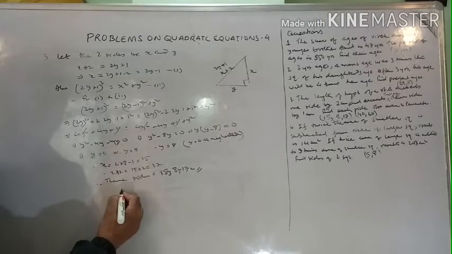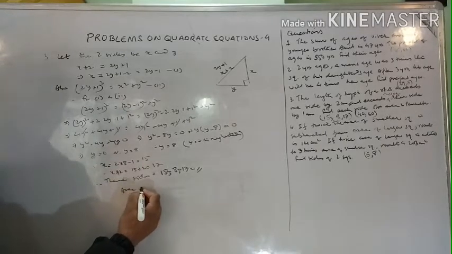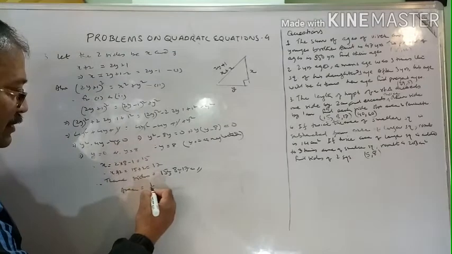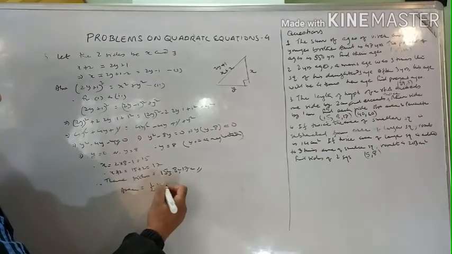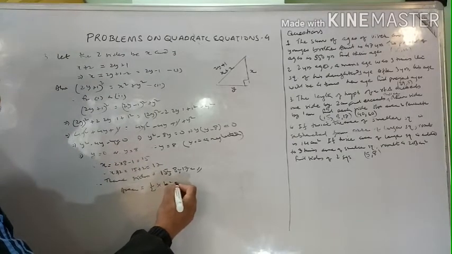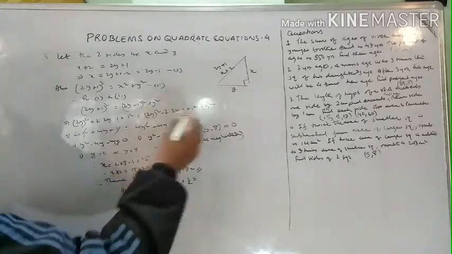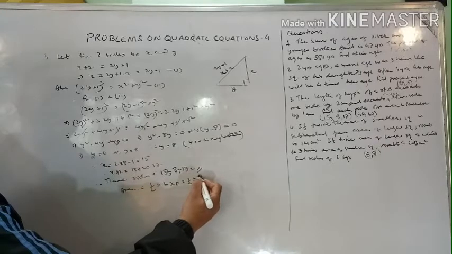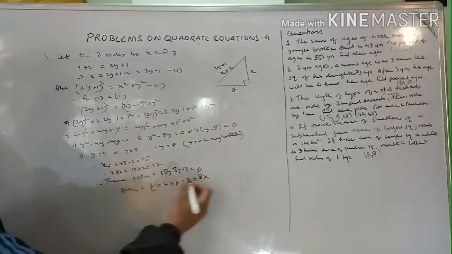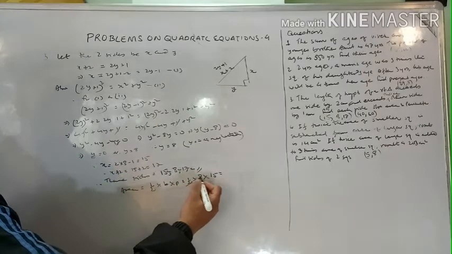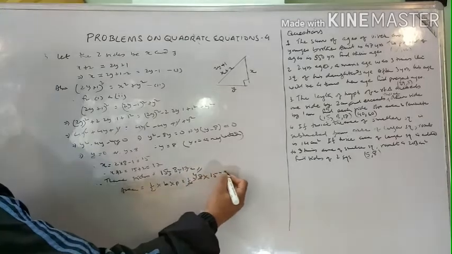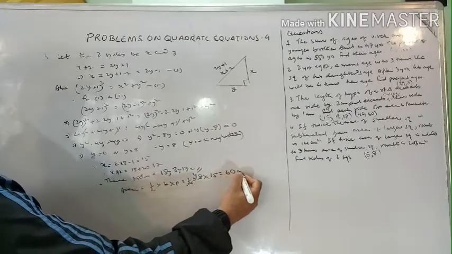So area is equal to, for a right angle triangle, half into base into perpendicular. Base is y equal to 8, perpendicular is x equal to 15, so 2 will go here, 4 times 15, so 60 centimeter square.